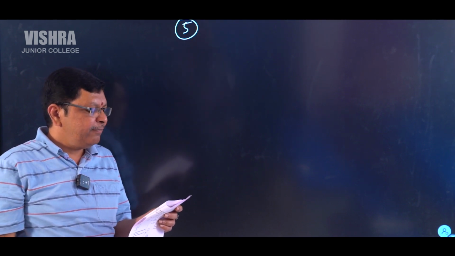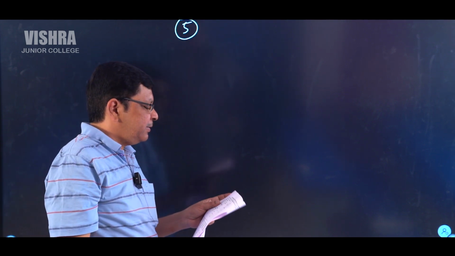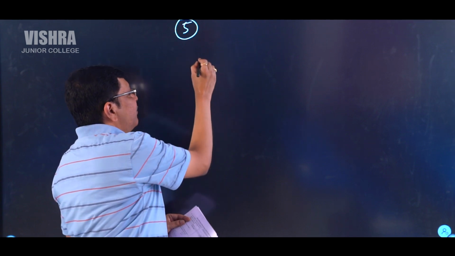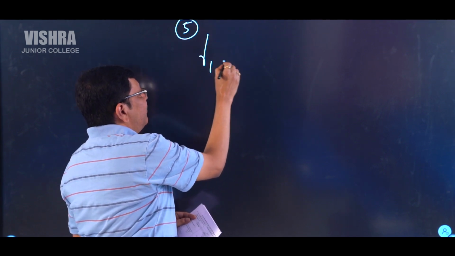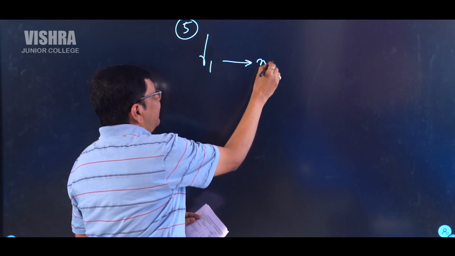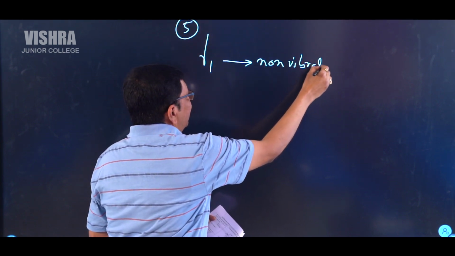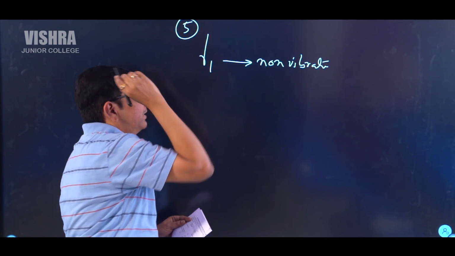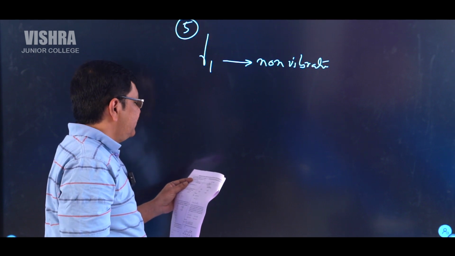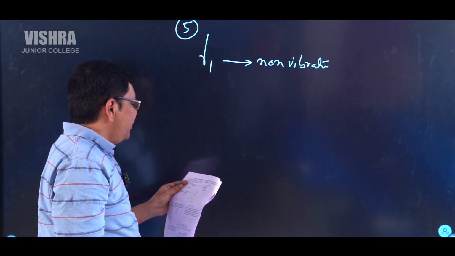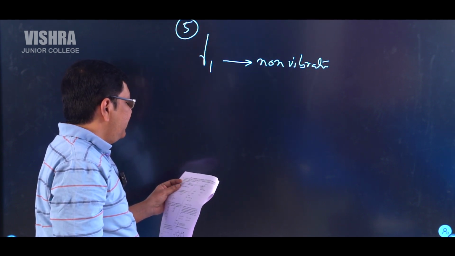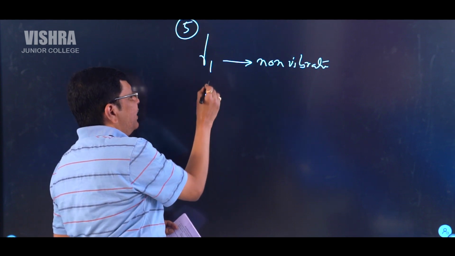Here, for a non-vibrating diatomic gas, the adiabatic constant is gamma 1. So gamma 1 is the adiabatic constant for non-vibrating. Non-vibrating means only translational kinetic energies and rotational kinetic energies exist. Whereas gamma 2 is the adiabatic constant for a vibrating diatomic gas.